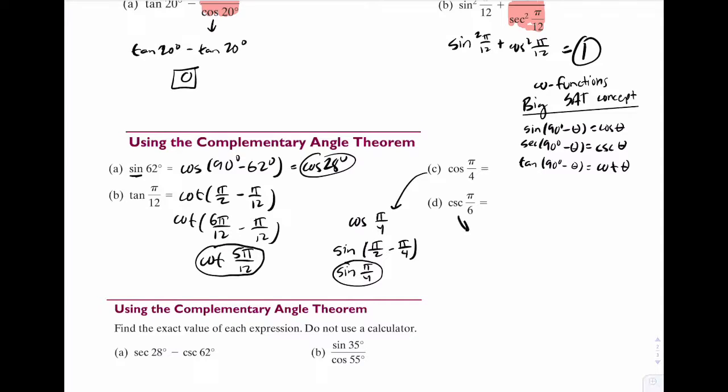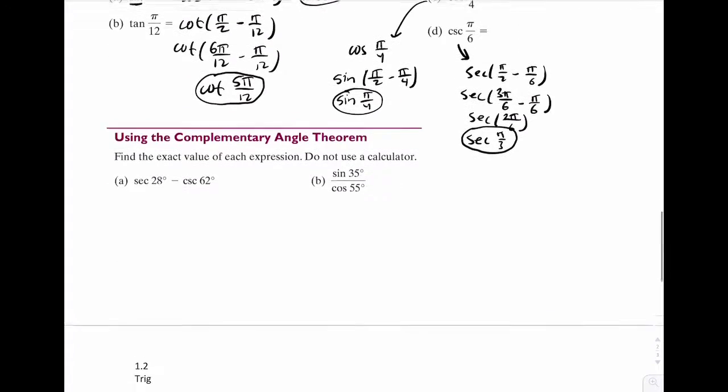And finally, this last one, let's change cosecant to secant, pi over 2 minus pi over 6. Be careful with your fraction work here. We just want to make sure we're accurate. So 3 pi over 6 minus pi over 6. That's secant of 2 pi over 6, which is finally secant of pi over 3. A little bit of fraction work there, so always be careful with your work. That's it.